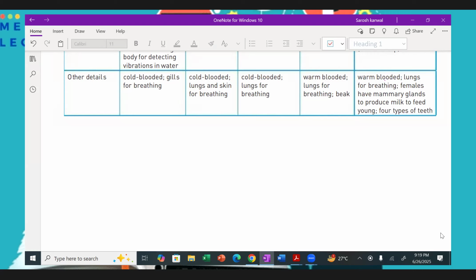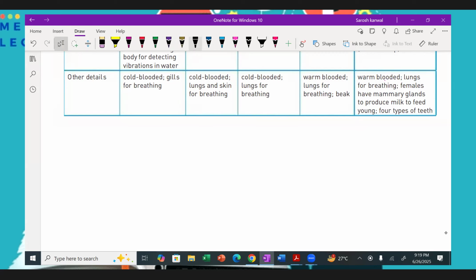Okay, so we are just left with a few kingdoms. Then we have one more topic, that is the five kingdom scheme.